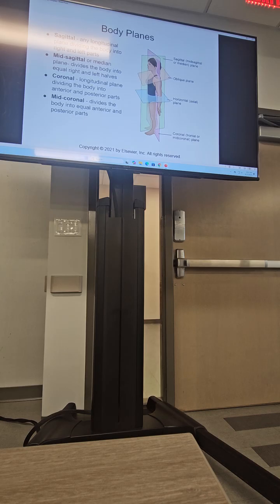The plane that is not at 90 degrees, other than dividing the body into left and right or anterior, posterior, are oblique planes. We also have an axial plane, a horizontal one, but this is not in our X-ray dimension.